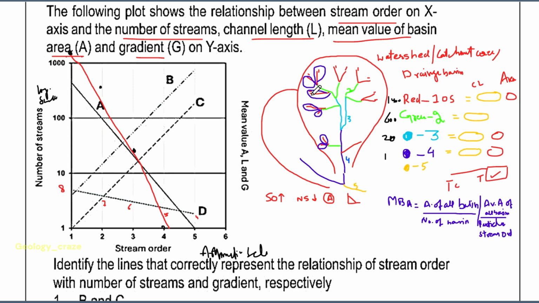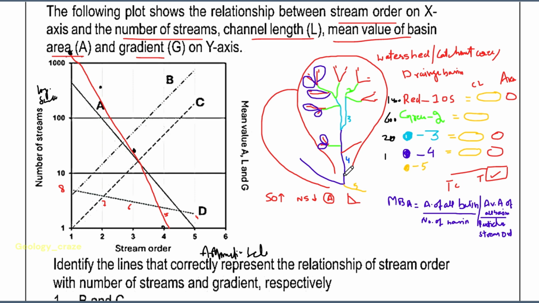So if we go over this, in first order this many streams are needed. If we have to reach up to fifth order, how much first order will we need? We will just calculate those which are connecting and making 2.